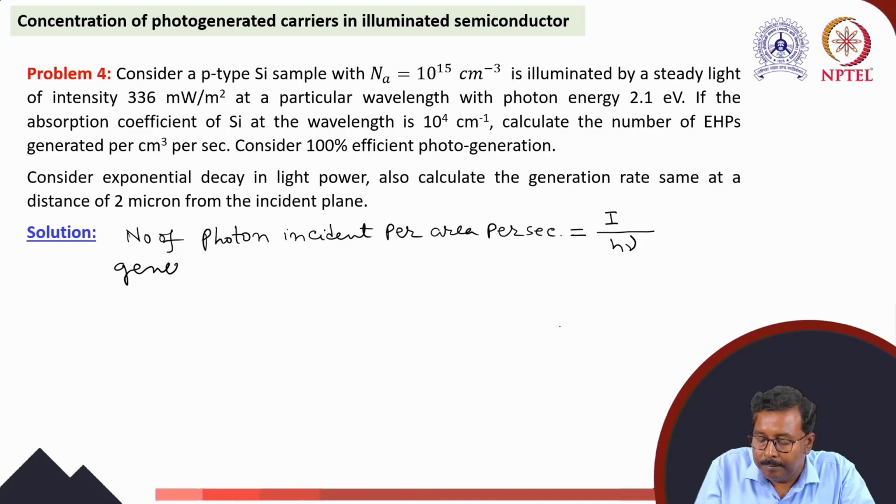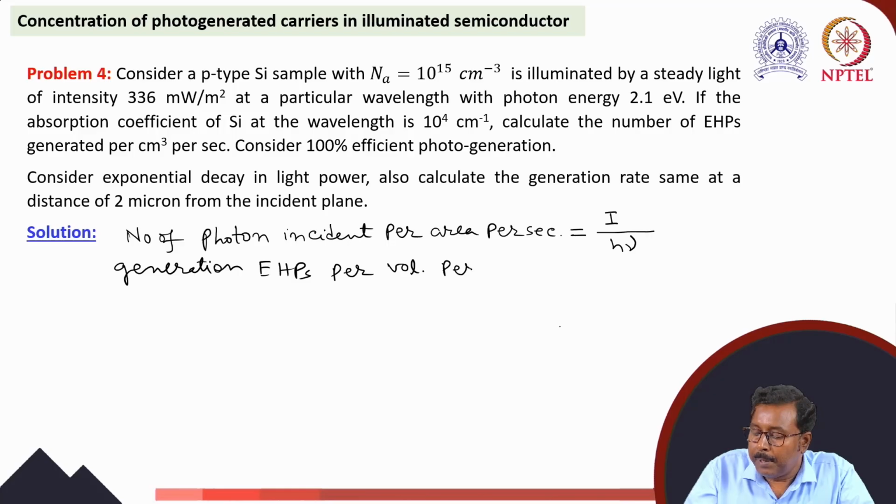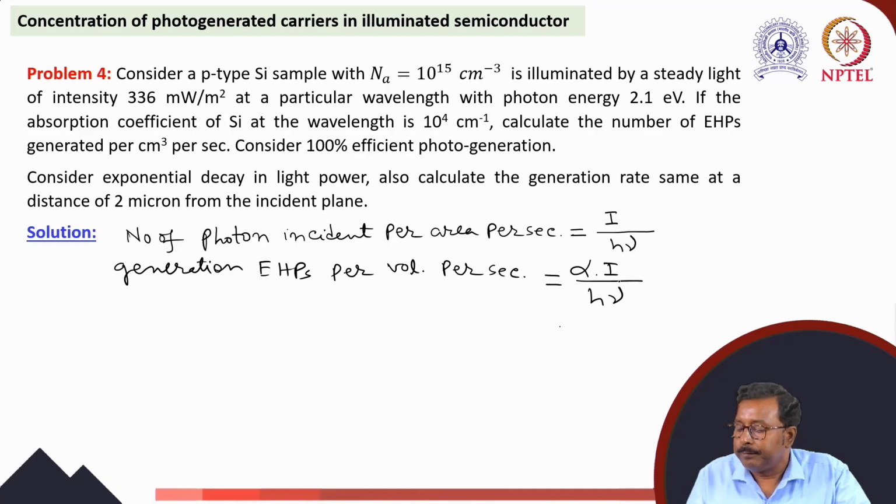Generation of EHP per volume per second will then be alpha into I by h nu. Alpha is centimeter inverse or meter inverse, and I is here watt per meter square.